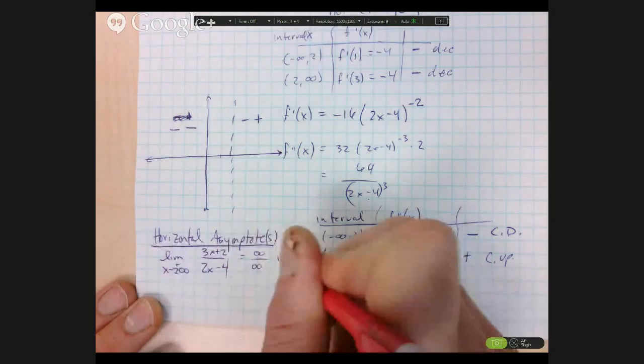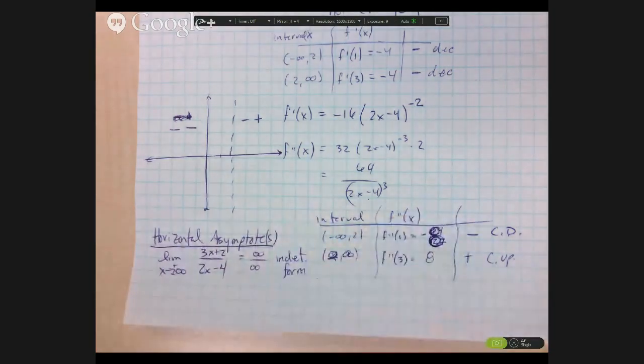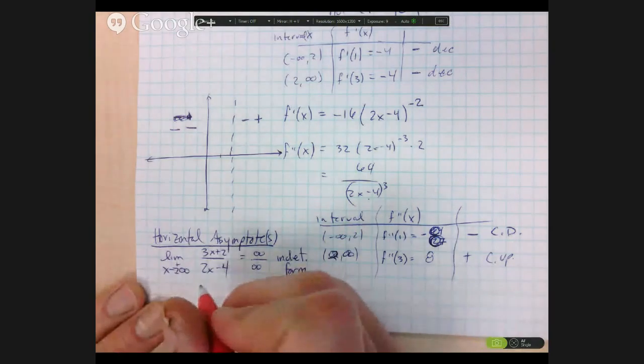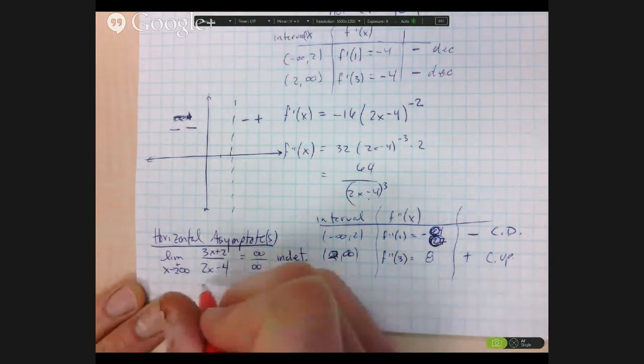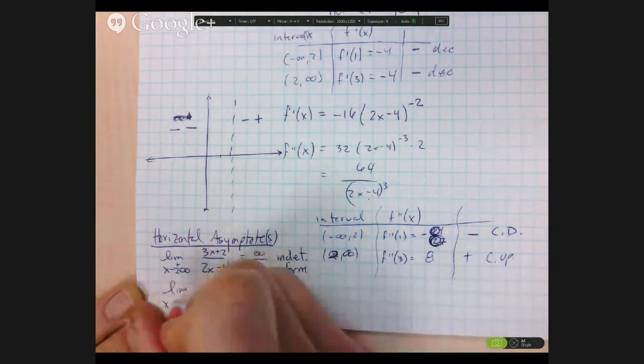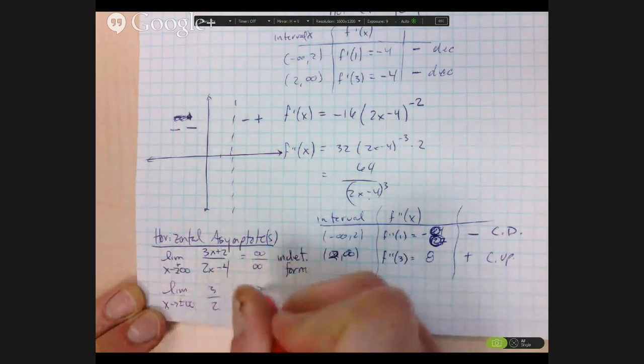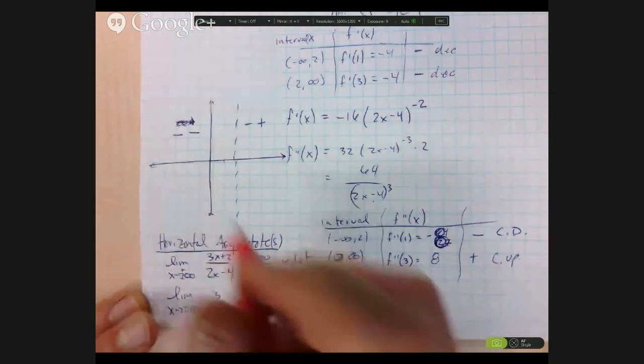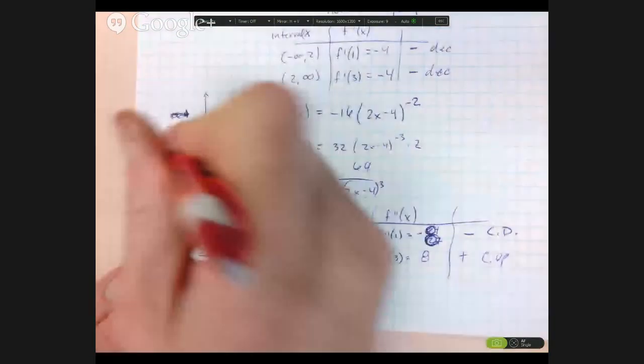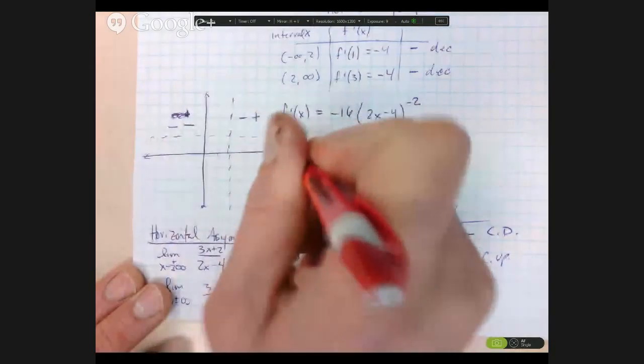Yeah, we get an indeterminate form. So we can use L'Hopital's rule here. We get 3/2. Okay, that's a horizontal asymptote right there.